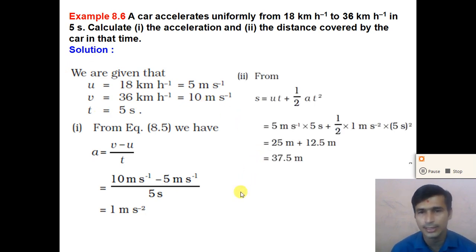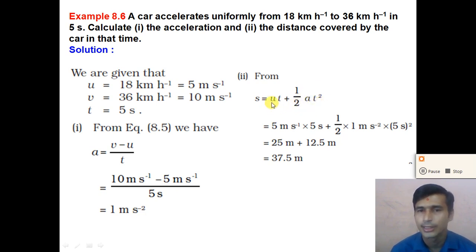So, in this example, we use a distance time formula. We can also calculate the distance traveled by the object, using the formula we used in a previous example, but here we calculate distance from this distance time relation. The distance time relation is s is equal to ut plus 1 half at square.